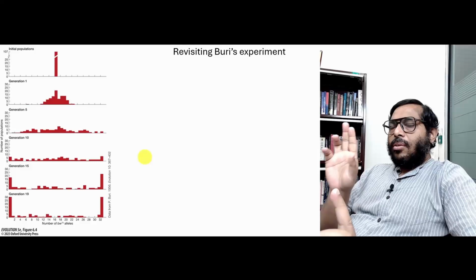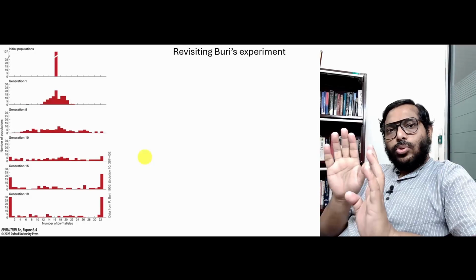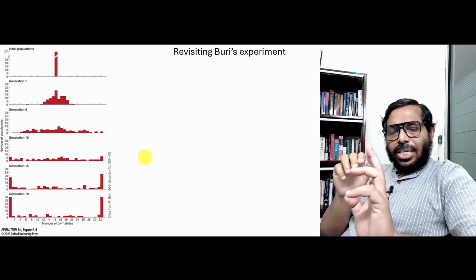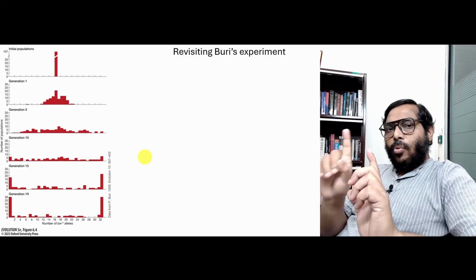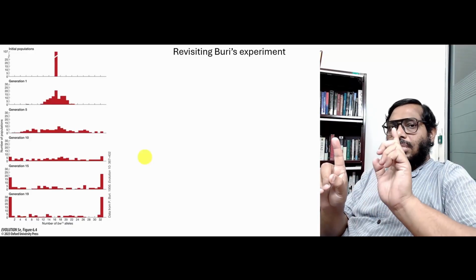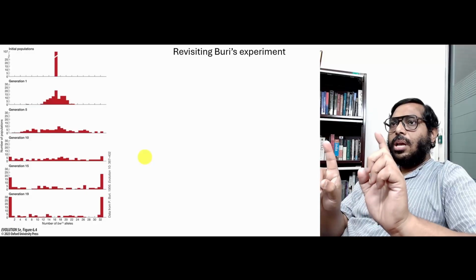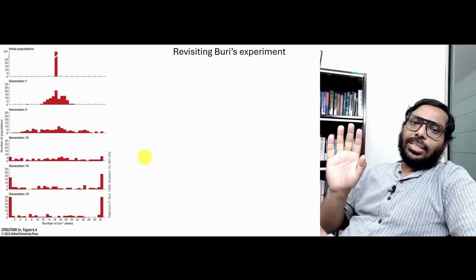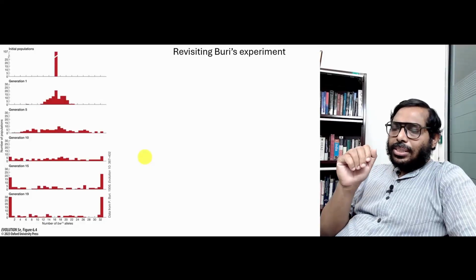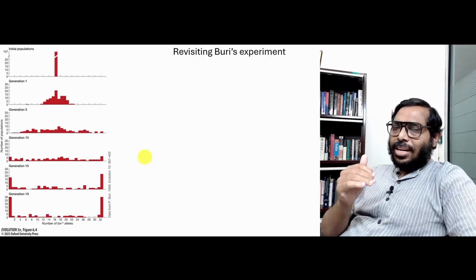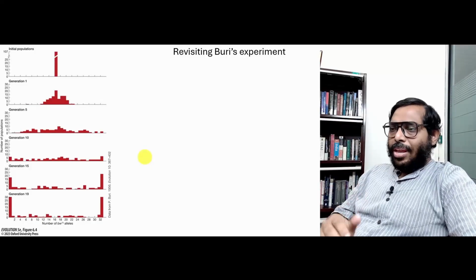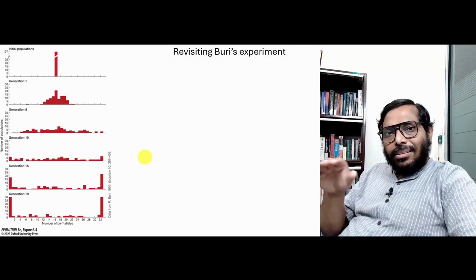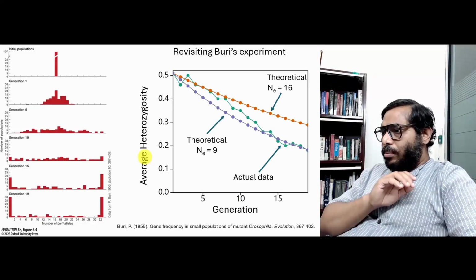Now, obviously, when you have these two extremes in generation 19, when one allele is fixed in 30 populations and the other is fixed in 28 populations, then the overall heterozygosity has gone down drastically, right. But that has not happened in one generation, it has happened over time. So, how exactly does this proceed?